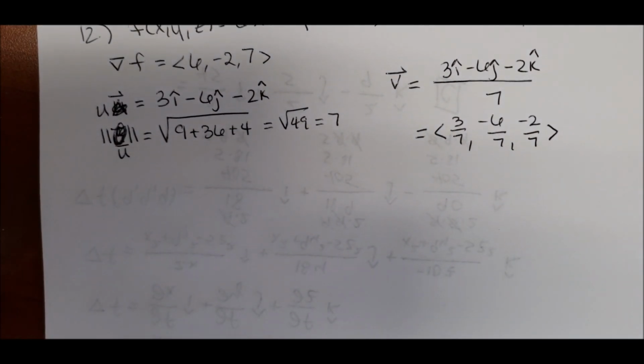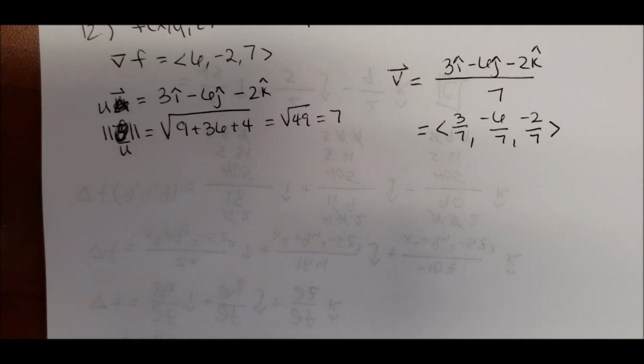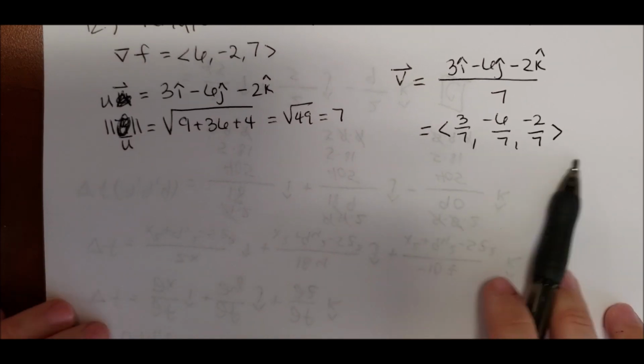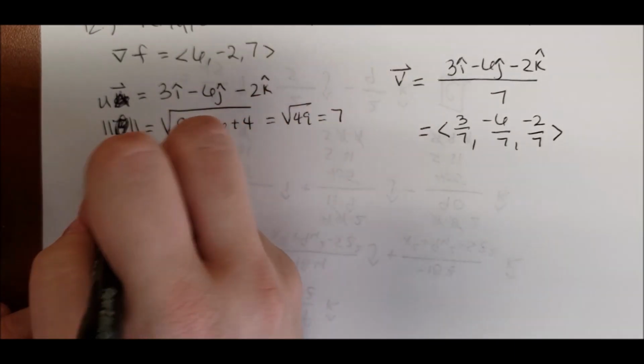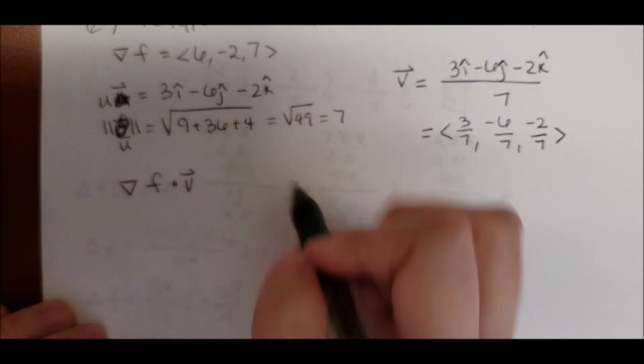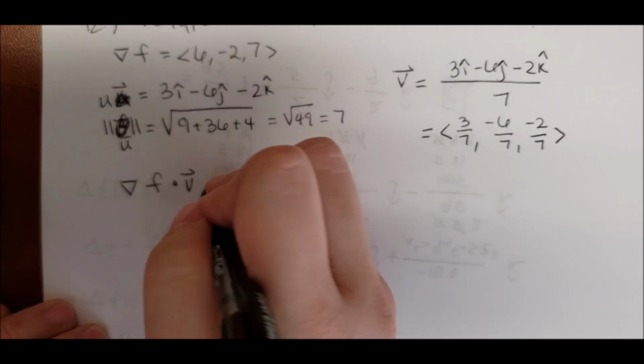So now to find the derivative of the function at a point in the given direction, I'm going to dot f with v, or u, whatever.